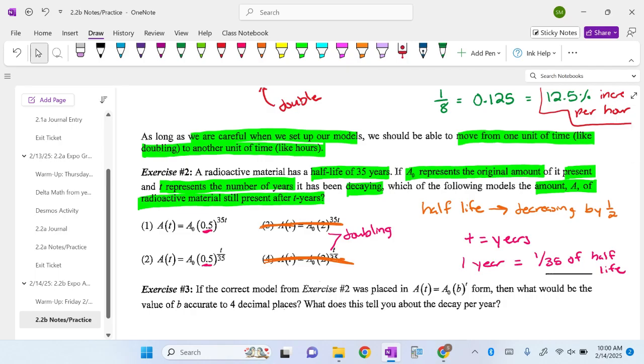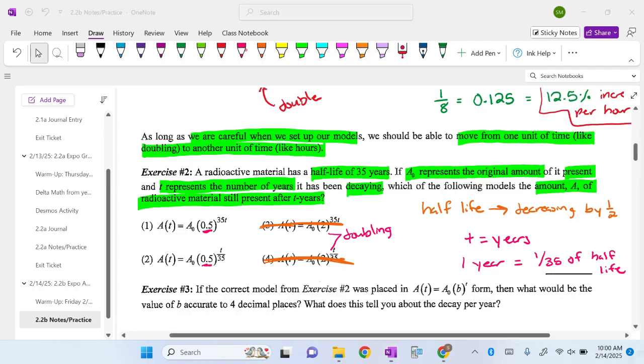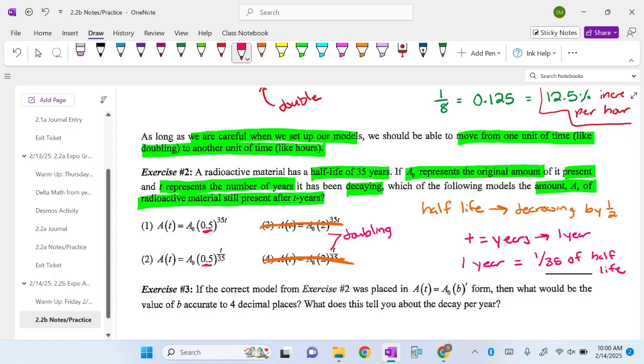So if T represents years, or in this case, 1 year, which of those 2 answer choices do you think you would pick to represent our equation? 2. Because essentially if we're given so many years, we need to divide it by 35 so we know how much of the half-life cycle we've done.